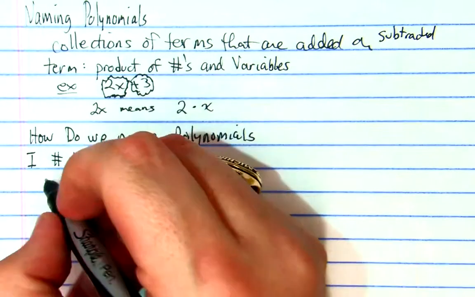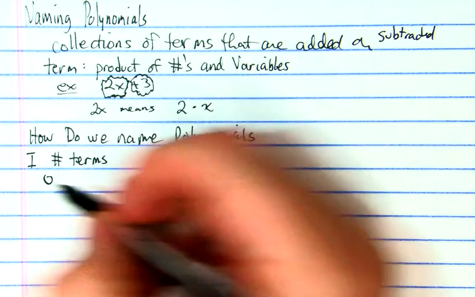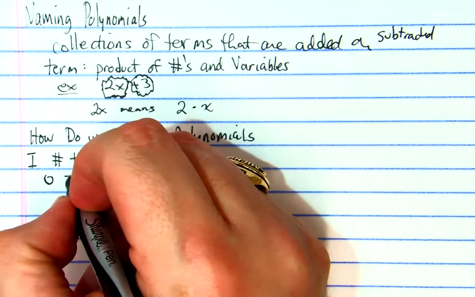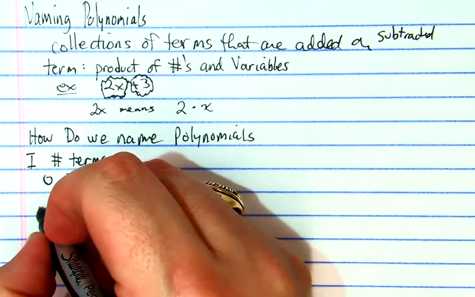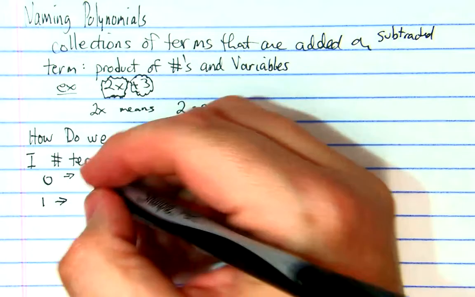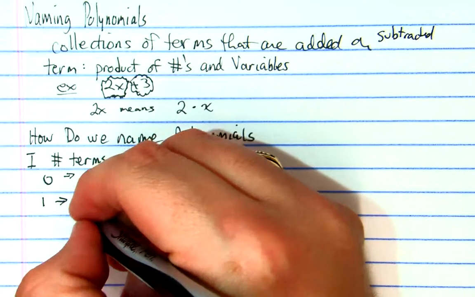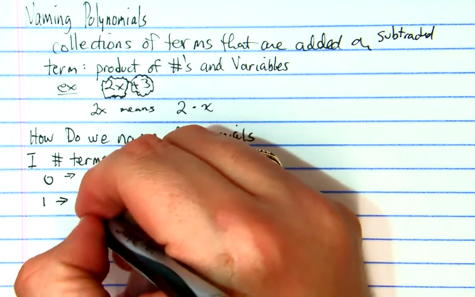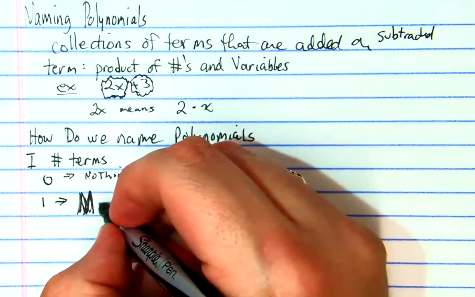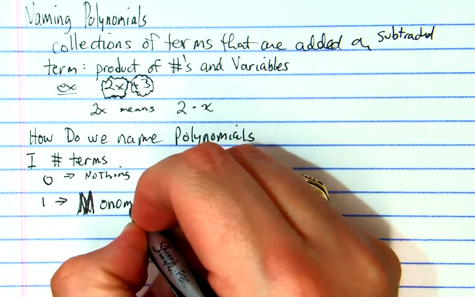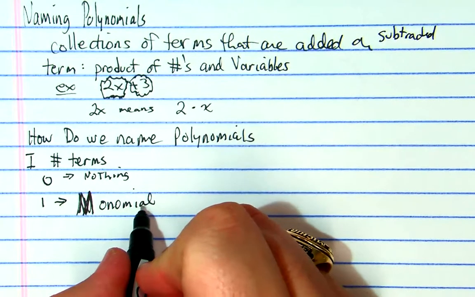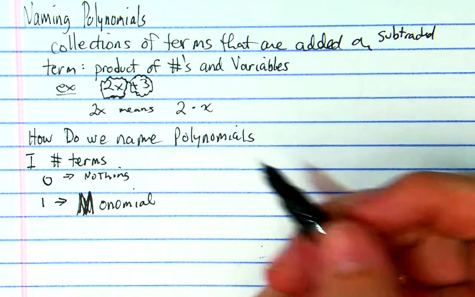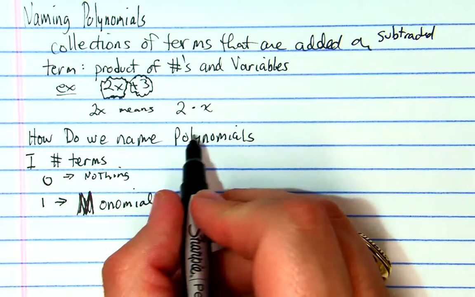But we're going to start off with 0 terms. That's nothing at all. One term is called a monomial.